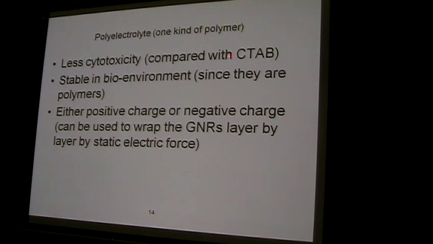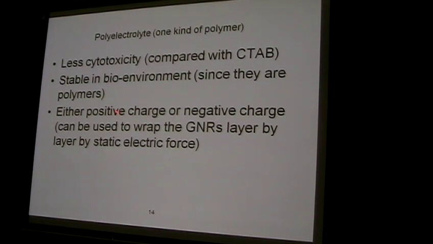Because during the synthesis process, inevitably you will have CTAB on the surface of the gold nanorods, and this will have a little bit of toxic effect to the cell. So coating with polymer will improve this, and they will be more stable in the bioenvironment, because these are polymers compared to metals. Otherwise, you could have oxidation of the metal.